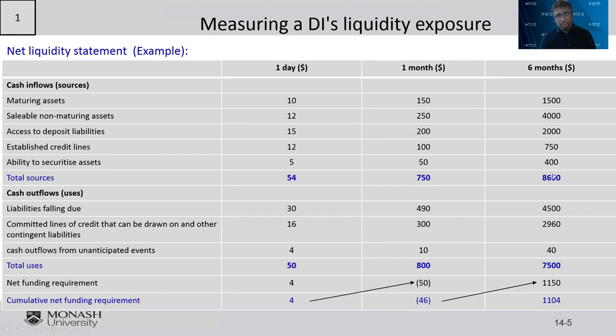And then you have the sources of 8650, uses 7,500, which is 1150. So the cumulative over 1 day is 4, for 1 month, 46. For 6 months, if you take it all this time, it will be 1104. But of course, if you are going to do the liquidity monthly, you have to do it daily, and then you accumulate it to monthly, and then you can make it 6 months or 1 year.